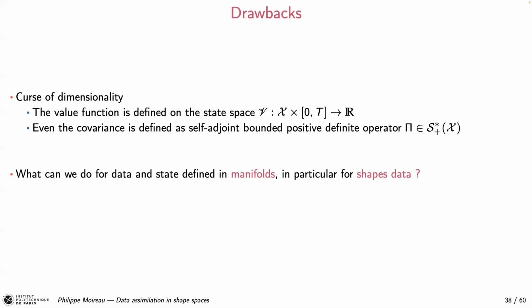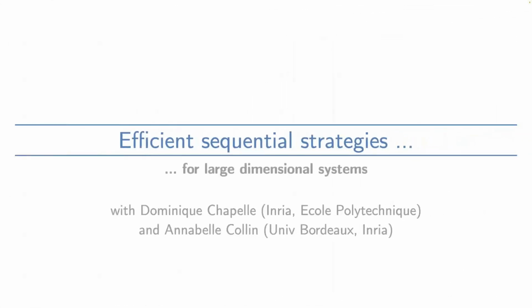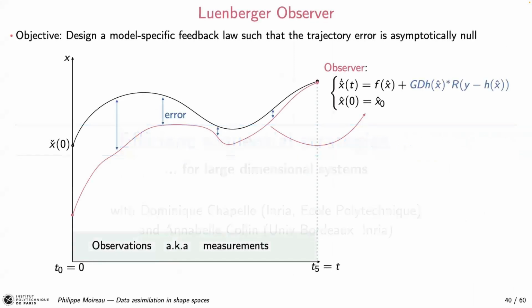So for that, the idea is to weaken a bit what we want. If you remember that the Kalman filter or the Mortensen filter has the objective to get a trajectory like this, then you can say, okay, maybe I don't care about computing the covariance operator there. Maybe I can put some very simple operators that are cheap to compute and that do pretty much the same job like this.